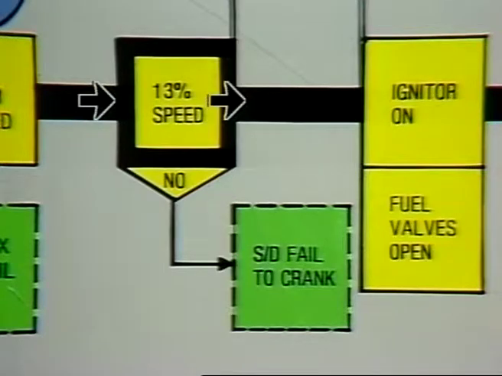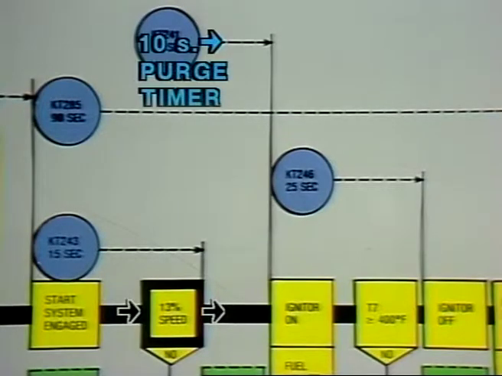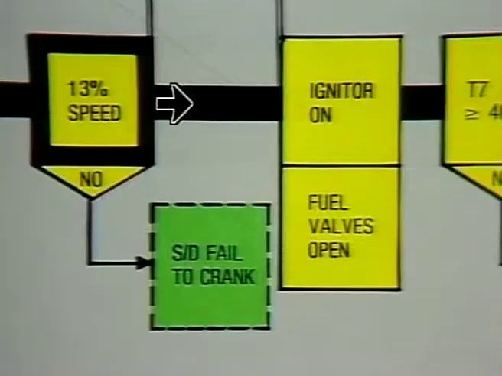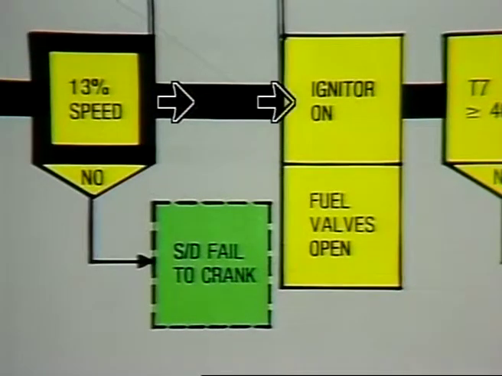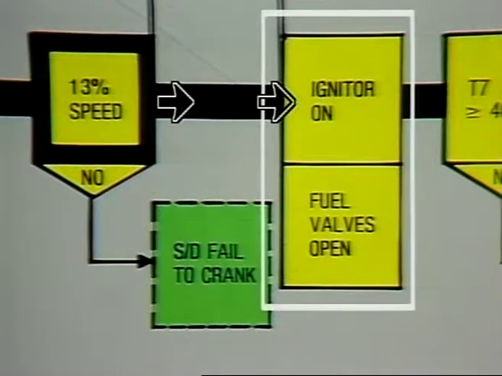If 13% speed is achieved before 15 seconds, those speed contacts will energize KT241, a 10-second purge timer. This allows the engine to crank for 10 seconds to purge its internal flow paths of any trapped combustible gases. Once this is accomplished, the torch igniter is energized and the fuel valves automatically open.